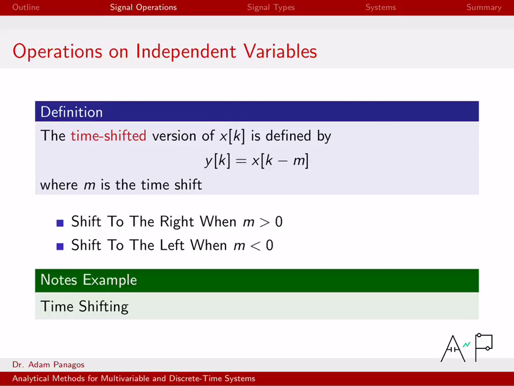Similarly, if m is a negative number, so let's say m is a negative 2, then right here in this math we would have k minus a negative 2, minus minus is plus, so it would look like x of k plus 2, and that is a shift to the left. So time shifting is just sliding your signal to the left or the right as a function of what the value of m is.